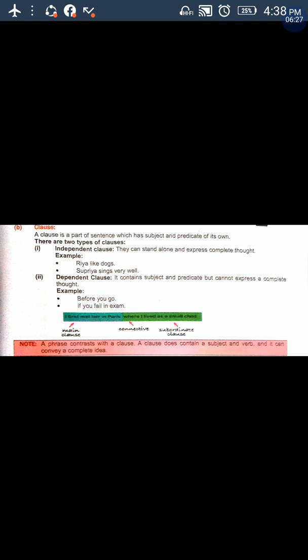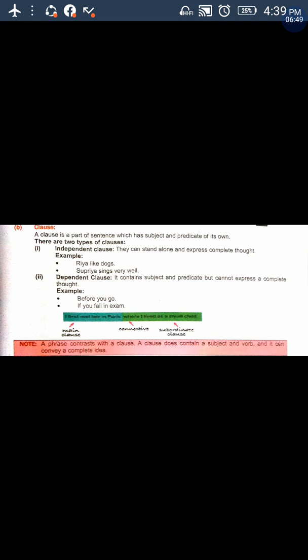Now I have to join something with "before you go" to bring a complete sense. And I also have to join something with "if you fail in exam" in order to bring a complete sense to it.